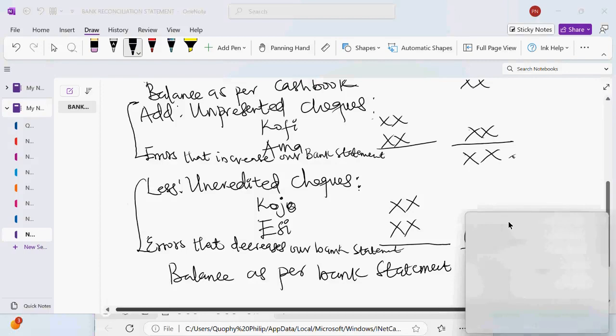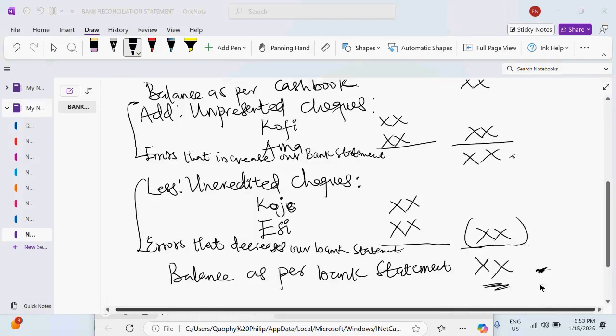So and then deducted from the 2,000. So that is the whole thing about the bank reconciliation or the bank statement format, right?